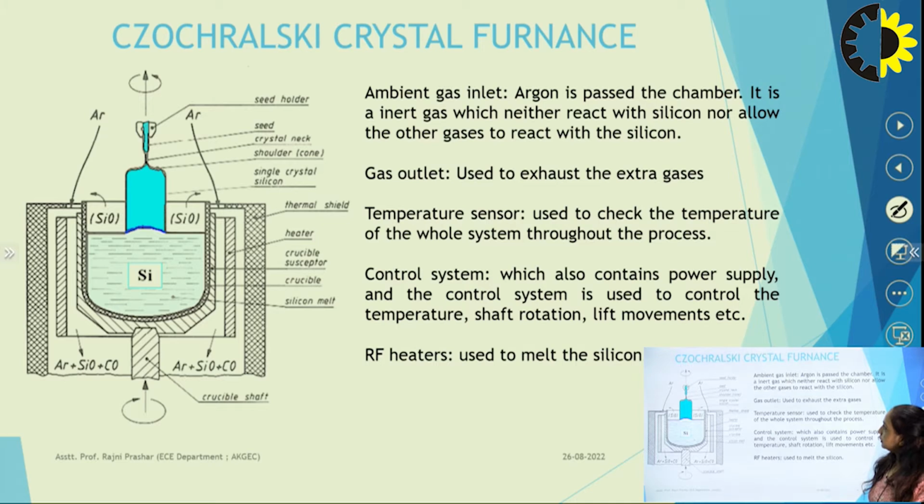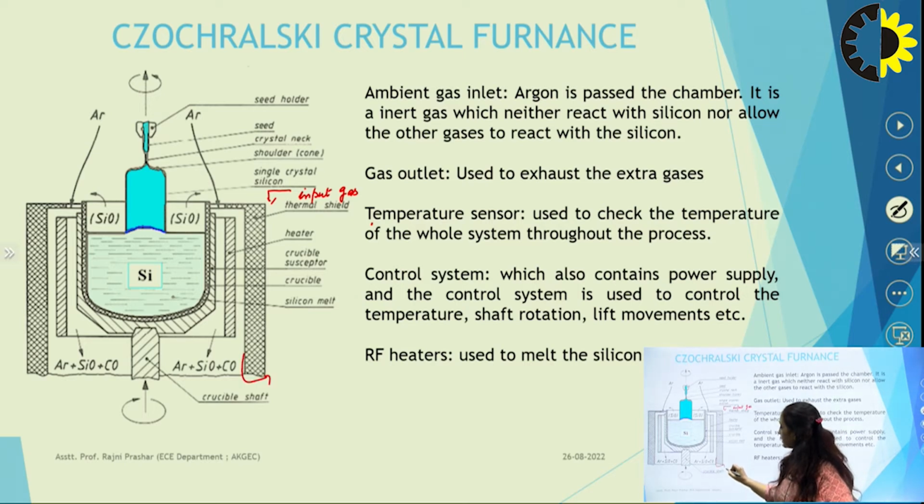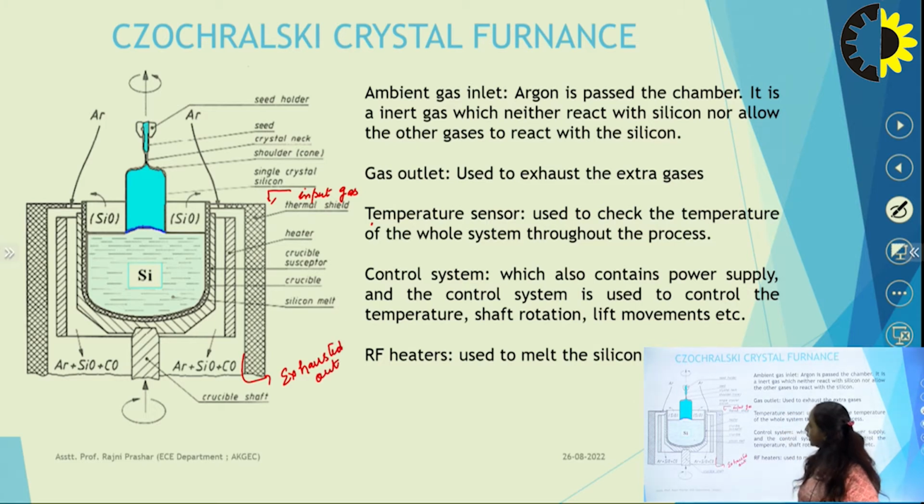Next is the ambient gas inlet. In this furnace, we must have some input gas and some gases will be exhausted out. So before starting the process, all the gases which are present in the chamber will be exhausted out and some of the gases will be inserted in.